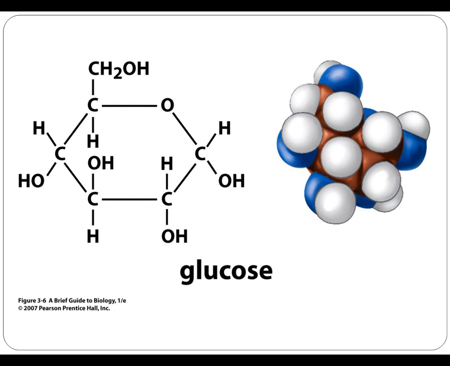So in carbohydrates, the monomers are called monosaccharides. An example of a monosaccharide is glucose. You've probably heard of that one if you've heard of blood sugar, or you've got diabetes or something like that. People are referring to this molecule called glucose.